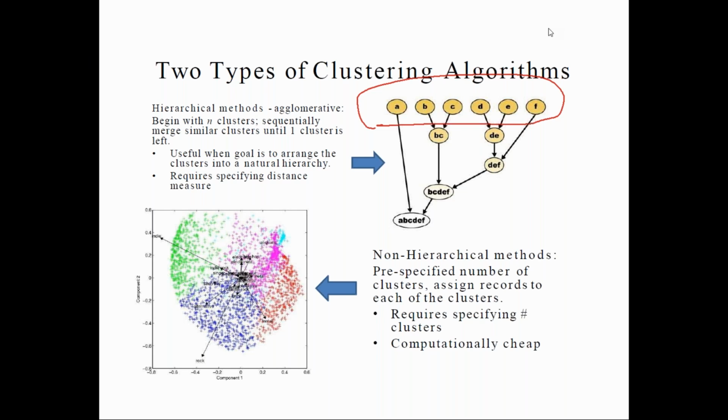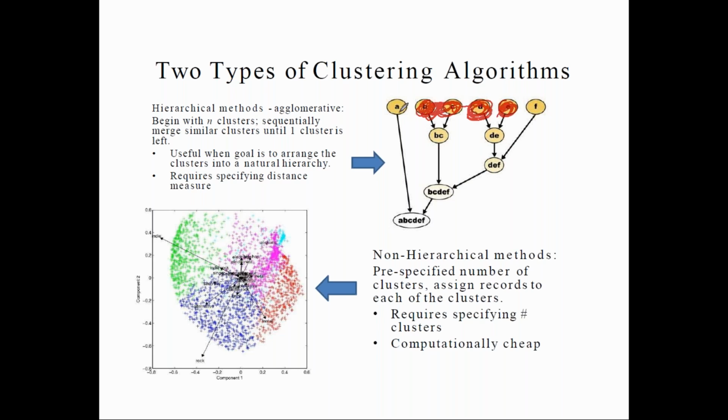In our case, BC and DE have the minimum distance, so these two are formed as clusters.